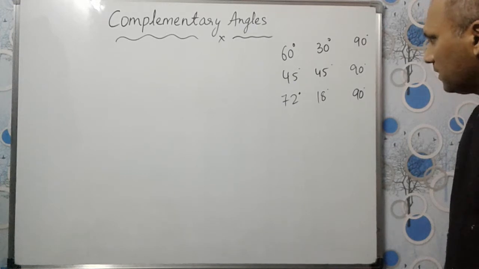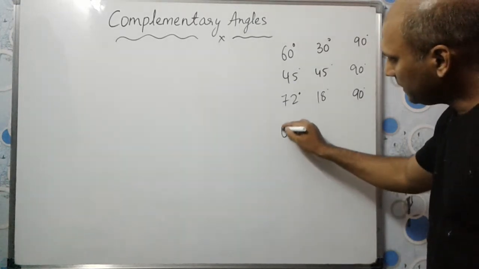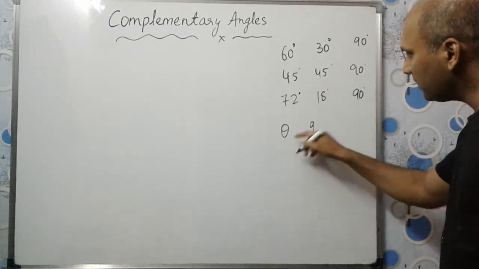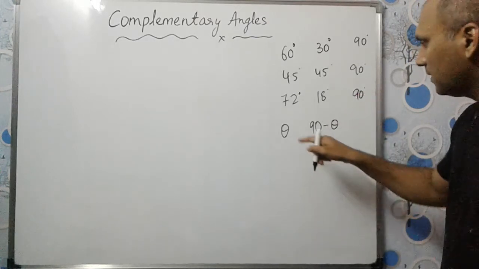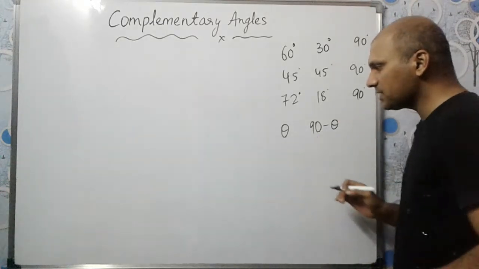Now let us say theta is one angle. The complementary angle for theta will be equal to how much? 90 minus theta, because the sum should give us 90 degrees, right?